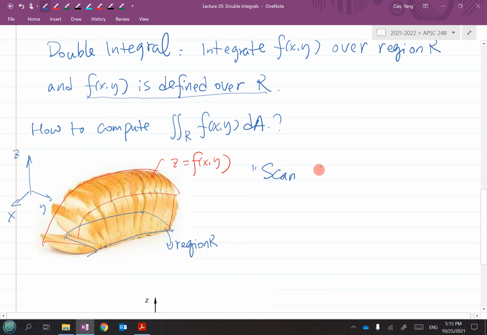The concept is to scan through the region R with no redundancy.